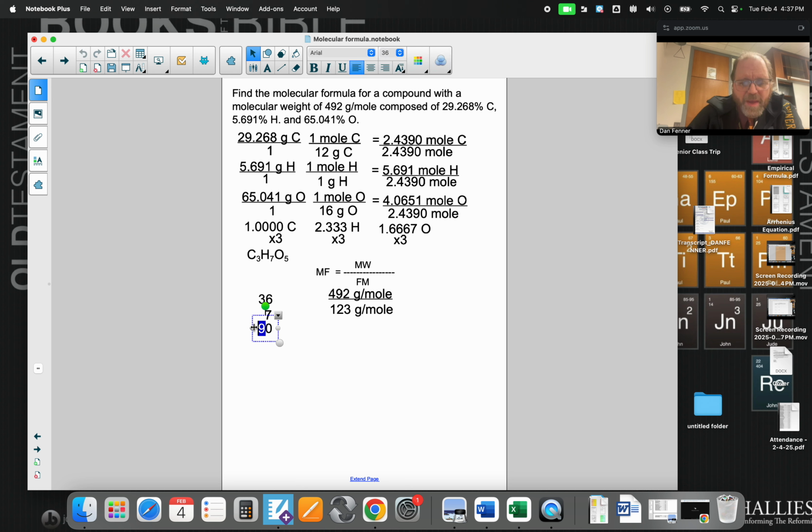There you go. If we add those all up, we're going to get 123 grams. We divide that through, we're going to get 4. So we take and multiply our number by 4. We get C12H28O20. That is our molecular formula.